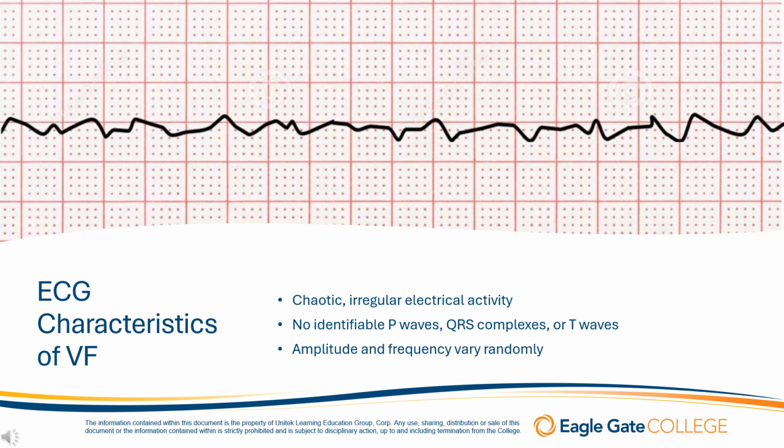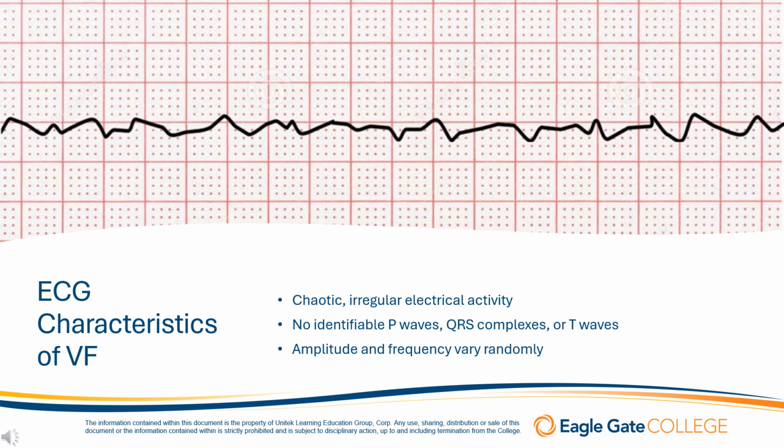The absence of organized contractions leads to no effective blood flow, which results in the immediate cessation of circulation known as cardiac arrest. In a healthy heart, you would see distinct P waves indicating atrial depolarization, QRS complexes indicating ventricular depolarization, and T waves indicating ventricular repolarization.